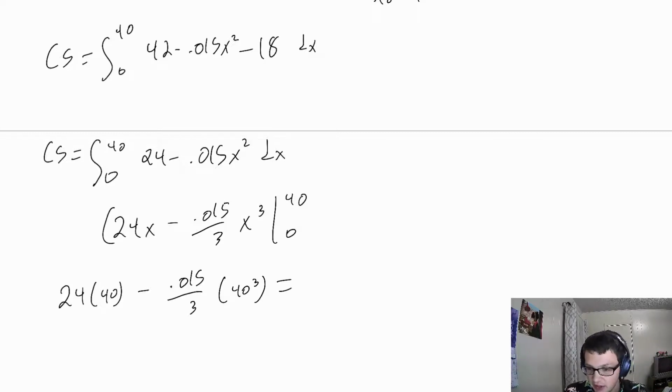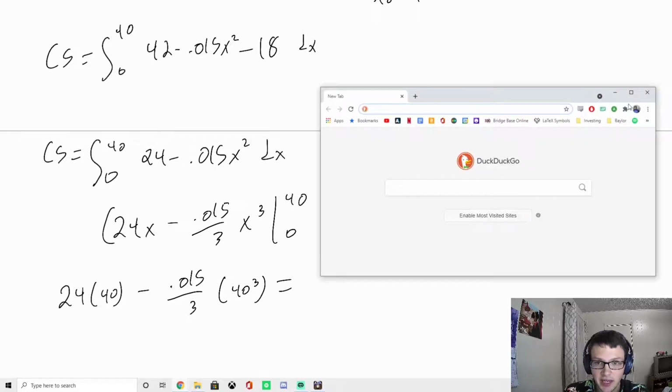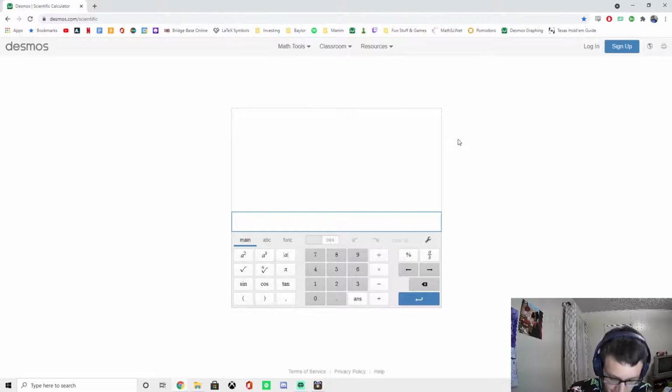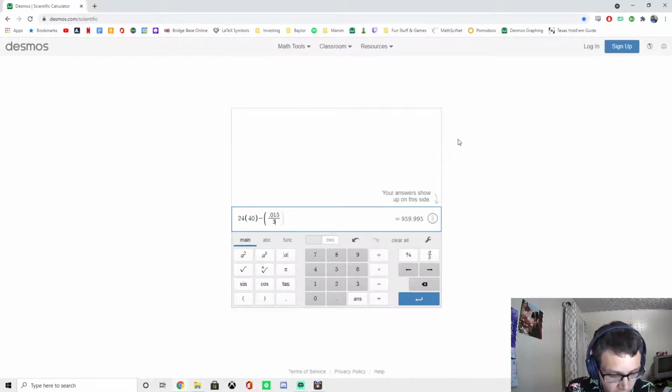And now let me break out a real calculator. Well, I say a real calculator, a Desmos calculator, one that I can type fancier things into than the Microsoft 4 function. 24 times 40 minus 0.015 over 3 times 40 cubed is going to be 640.